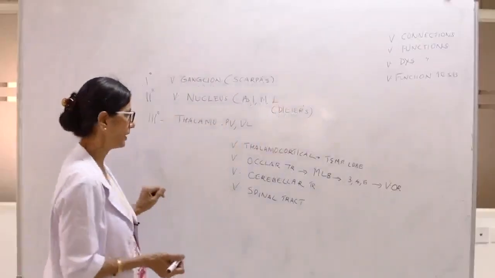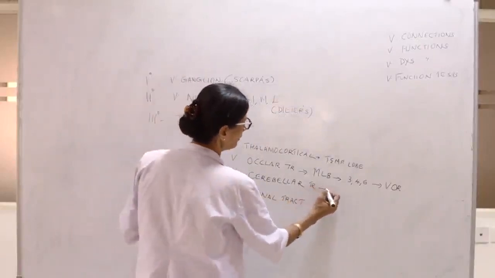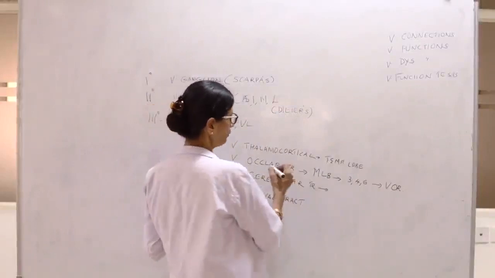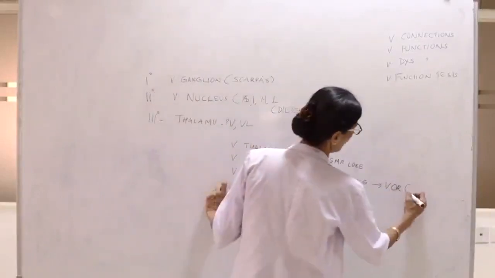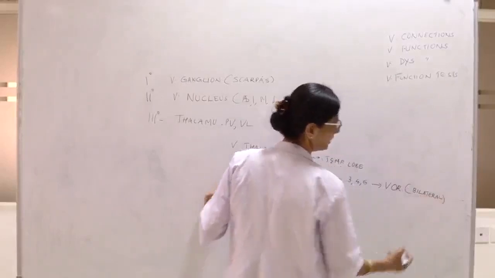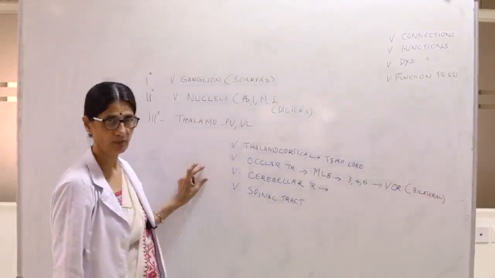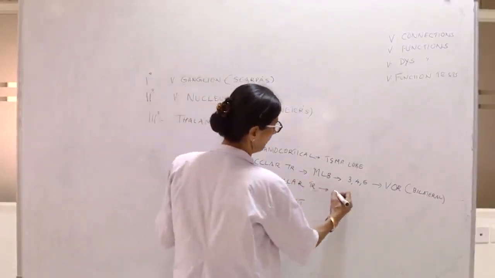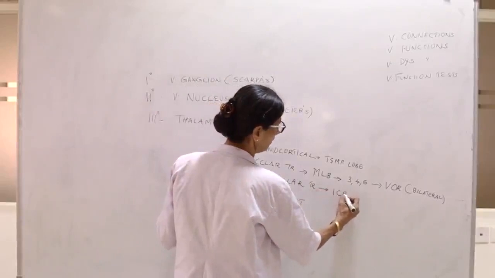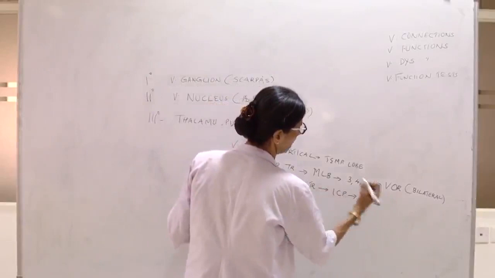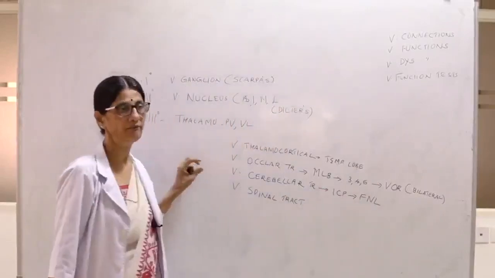It's very important. Coming to the vestibulocerebellar tract, before that you should understand this is to both sides. The vestibuloocular fibers are going to both sides. And the vestibulocerebellar tract is also going to both sides via the inferior cerebellar peduncle to the flocculonodular lobe of the cerebellum to synapse with the fastigial nucleus.